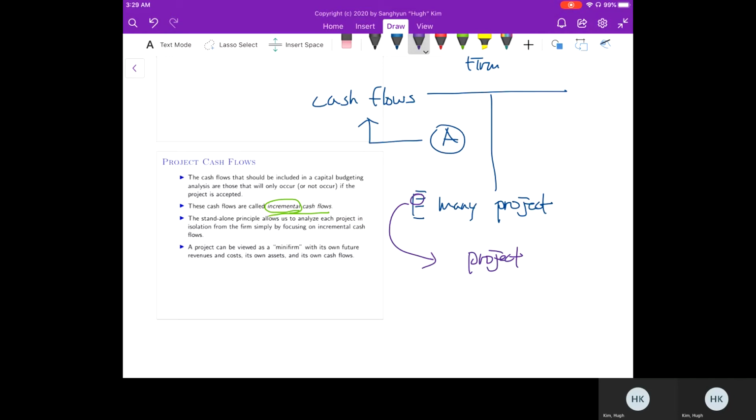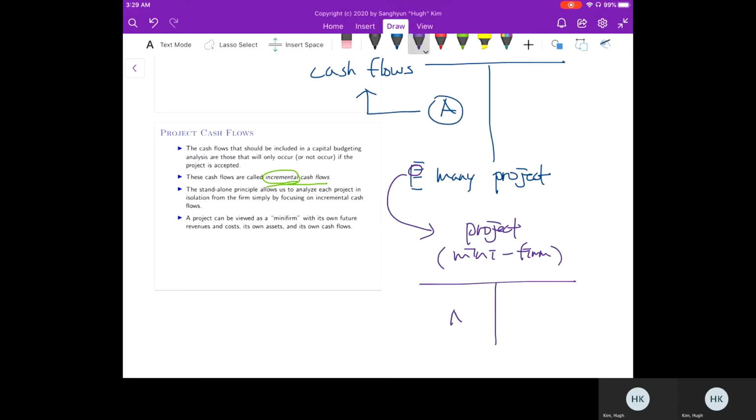We can think of each project as a mini firm. The project can have its own assets and its own cash flows. In this way, we can analyze each project in isolation from the firm.